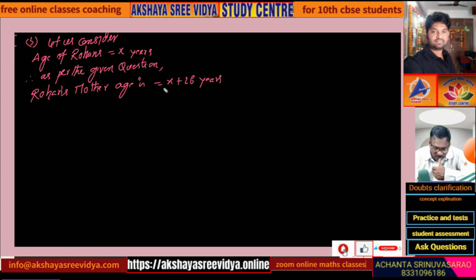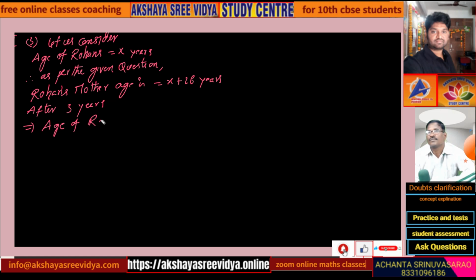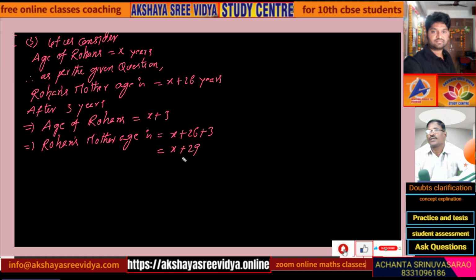After 3 years, the age of Rohan is x plus 3, and Rohan's mother's age is x plus 26 plus 3, which is equal to x plus 29.